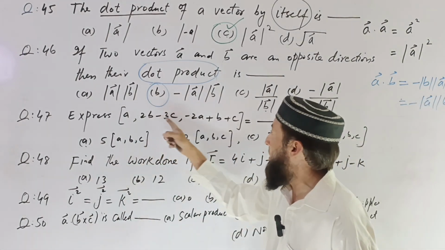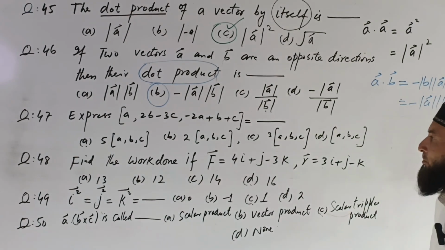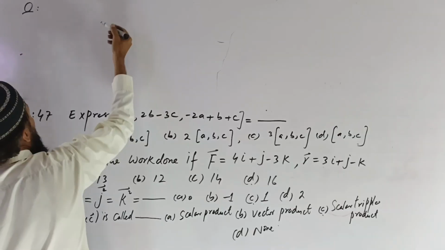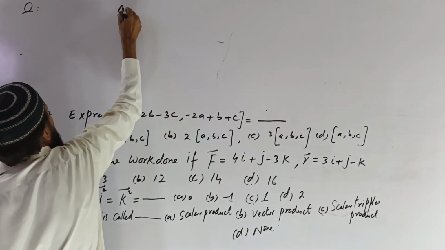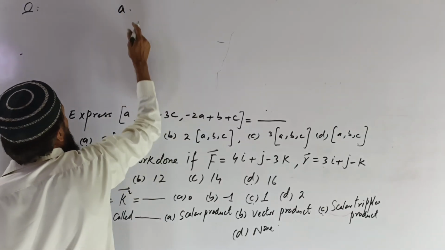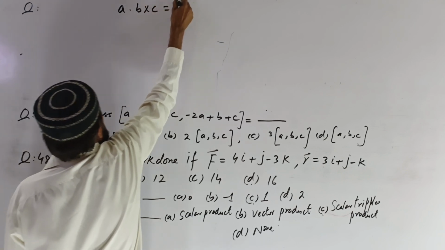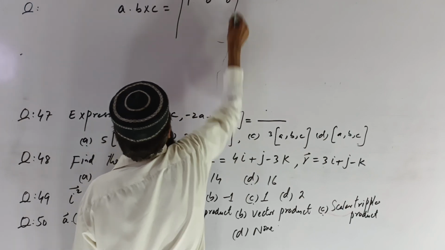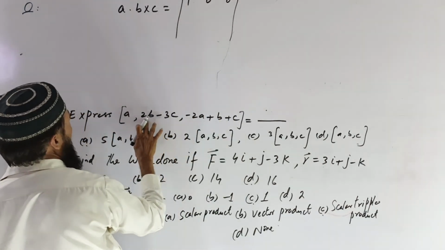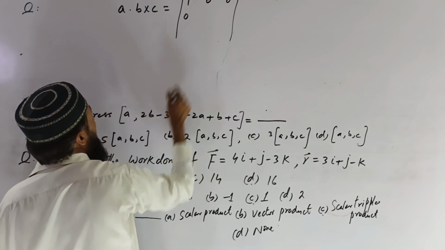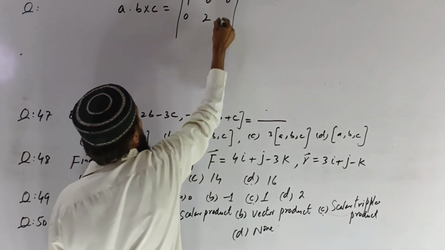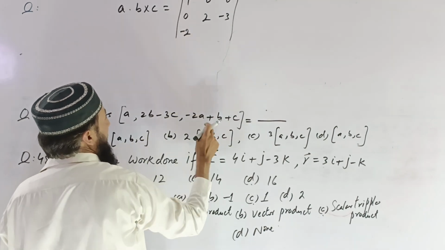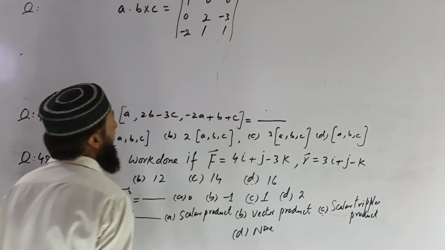Express A, 2B minus 3C, minus 2A plus B plus C, as a scalar triple product A dot B cross C. This is the formula. We write the determinant with the first row 1, 0, 0, then the coefficients 0, 2, minus 3, and similarly minus 2, 1, 1.